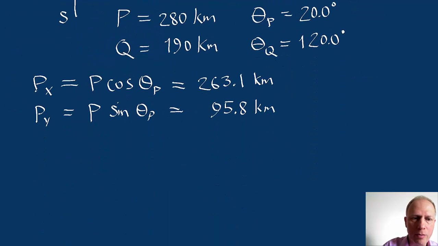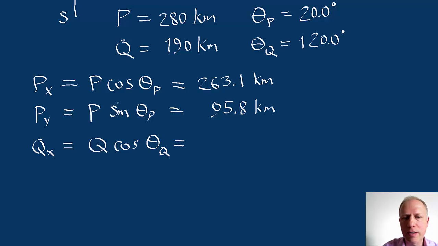The x and y components of the vector Q are found in a similar way. Q cosine of theta Q would give us the x component. I find minus 95.0 kilometers. The minus sign came from taking the cosine of 120 degrees.